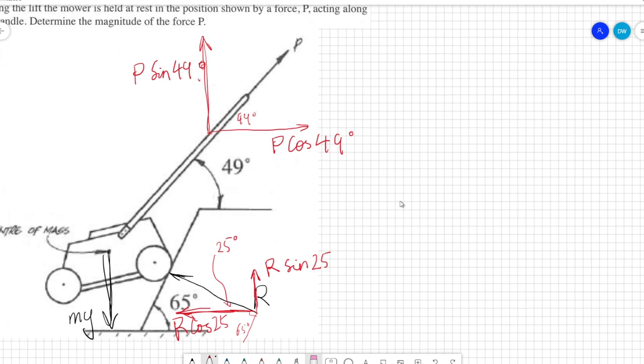So we can tally up all the forces. In the horizontal direction, the forces sum to 0, so P cosine 49 has to equal R cosine 25 degrees.